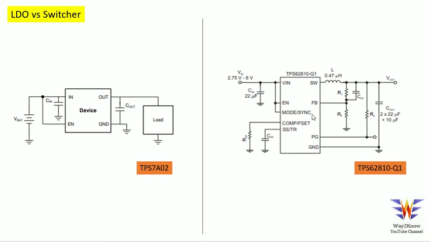If you see both of them straight away, the understanding basically is that the right side circuit looks complex from the connectivity perspective, complex from the component selection perspective, complex from the calculations that are involved, whereas on the left you just see only two external components and the respective supply and the load that are required for this device. So the selection involves only two.